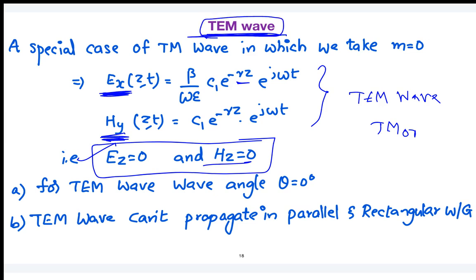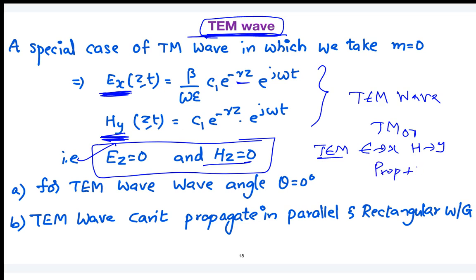So to discriminate TM00, we have introduced a new wave called the transverse electromagnetic wave. That's what we have seen in the uniform plane wave also: electric field in X direction, magnetic field in Y, and propagation in Z. So for the TEM wave, what is the condition you are getting? Electric field in X direction, magnetic field in Y direction, and propagation in Z direction.